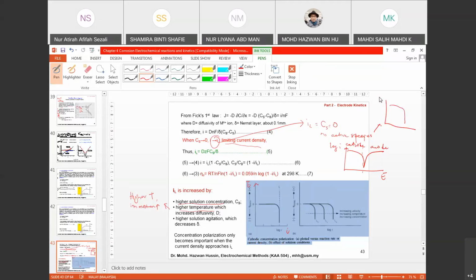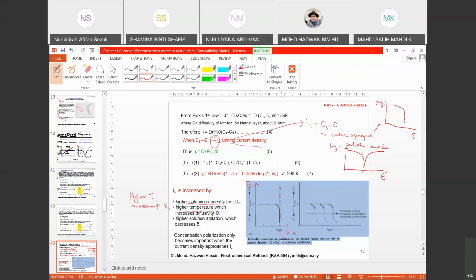It is log I and also potential, plotted in reverse, potential versus log I. You notice that over here, the current value is flat. It's not increasing. This indicates that you have a limiting current density. Limiting current density happens when you have zero concentration of electrolyte.